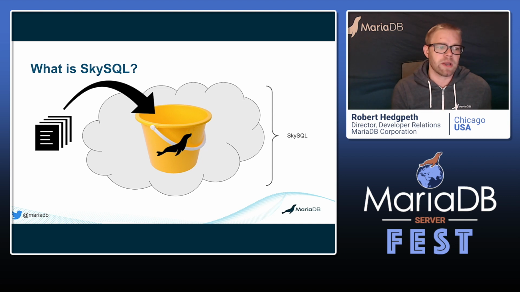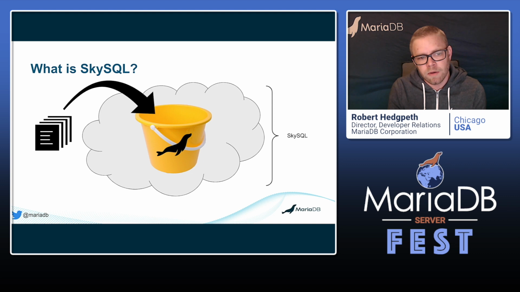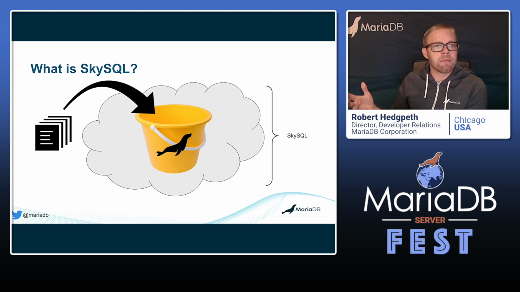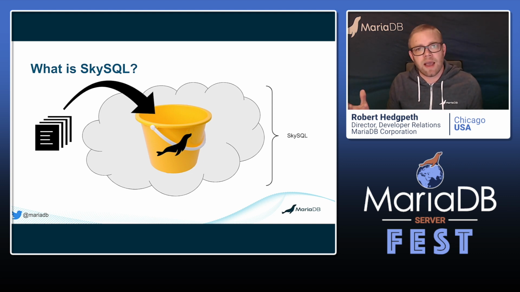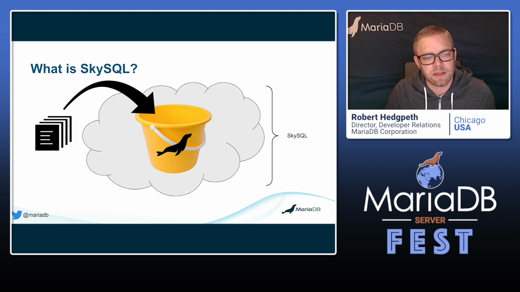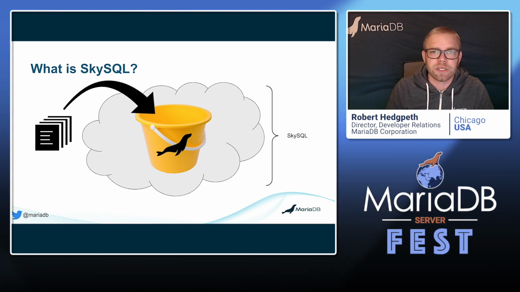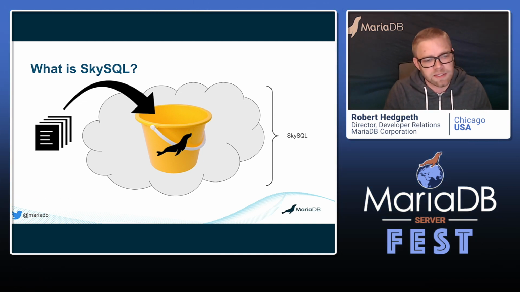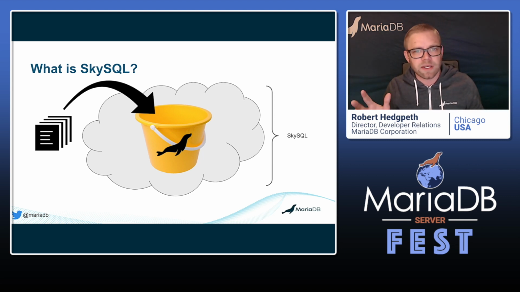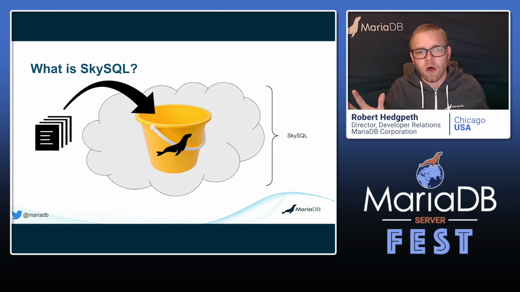But you may be wondering, what's the difference between SkySQL and Azure databases and Amazon RDS? All of those have MariaDB or flavors of MariaDB. The main difference from the highest level is that MariaDB SkySQL runs using enterprise server bits, and RDS and Azure databases run using the community server bits. There are pros and cons, of course, to community and enterprise versions, and I'm certainly not here to market or sell any of that.